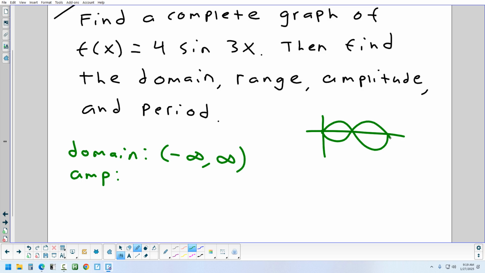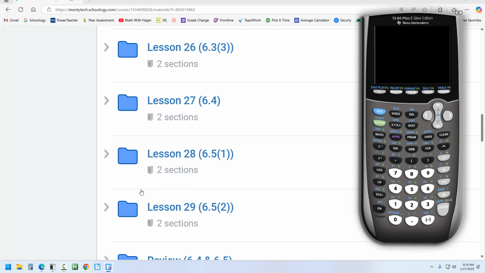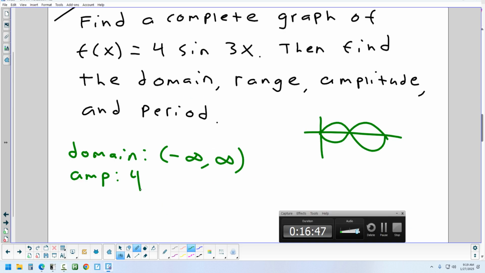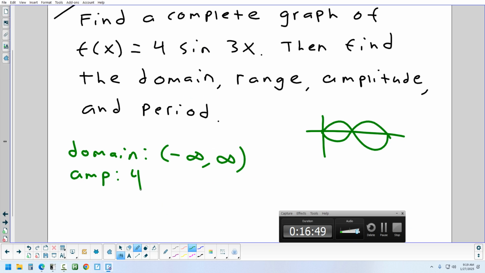So what's the amplitude of this graph? Yep. Amplitude is 4.